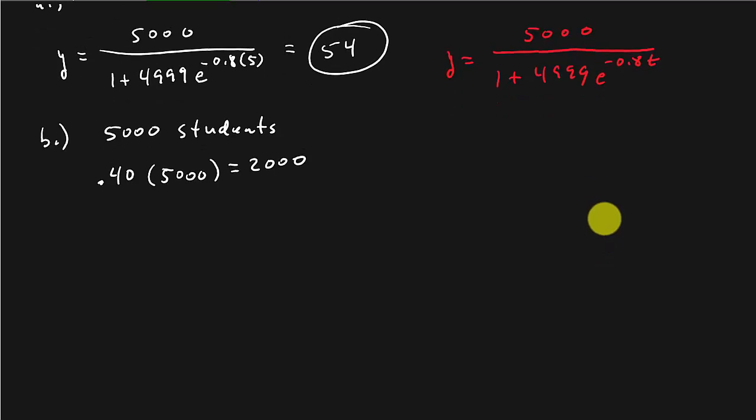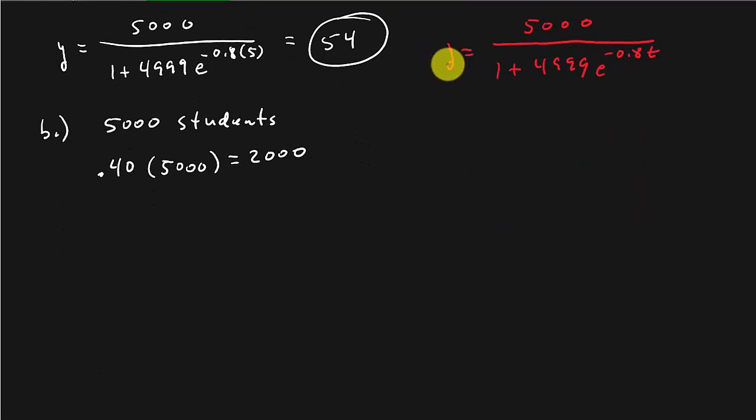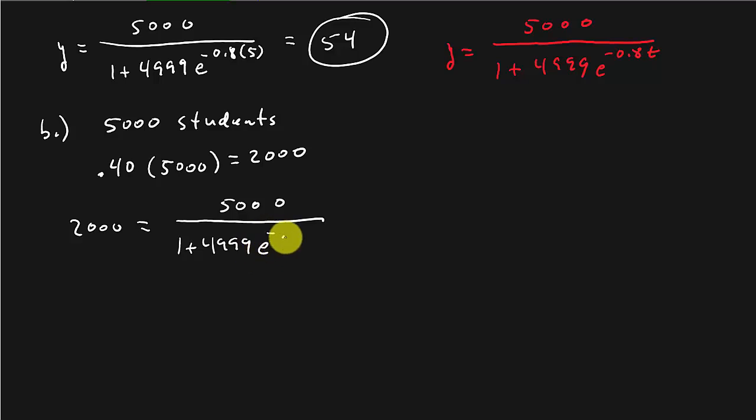So when 2,000 students, what is 2,000? Y is the total number of students infected. So when Y students are infected, in this case 2,000 are infected, that's going to equal 5,000 over 1 plus 4,999 e to the negative 0.8t.